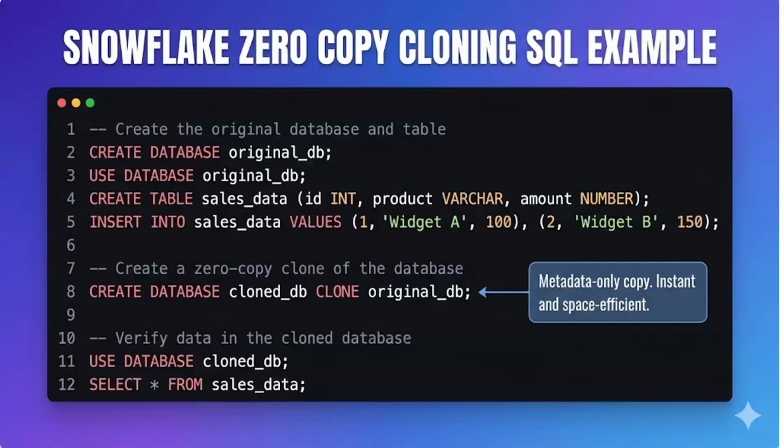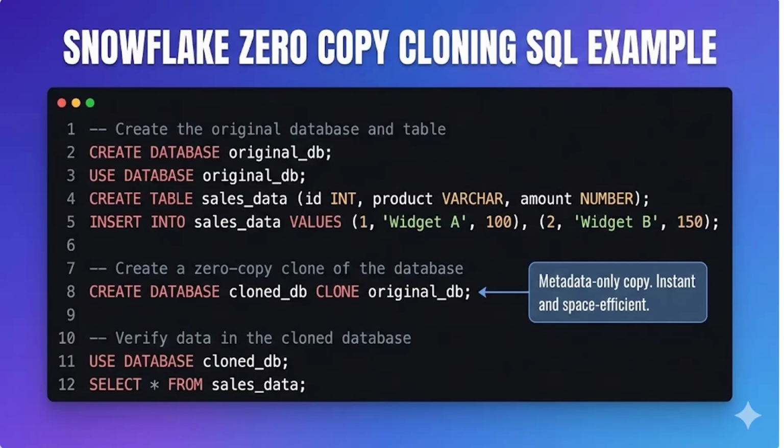And coming to how to create, as I mentioned, this is a database I'm creating. Can you see that? Create database clone DB, clone original DB. And I'm creating a sales data table and inserting some data. So after I cloned this one, this particular table will be present in the cloned DB also, right? Correct or not?